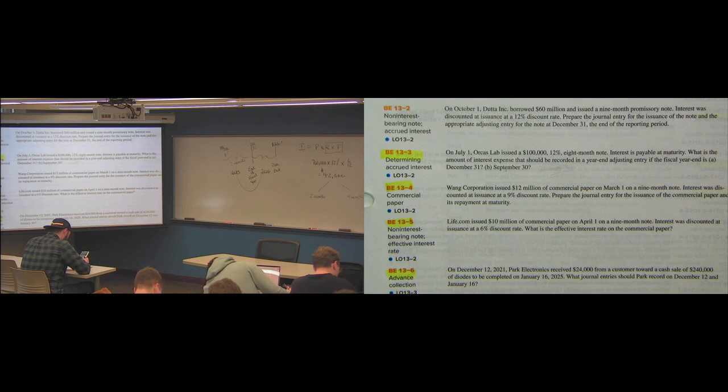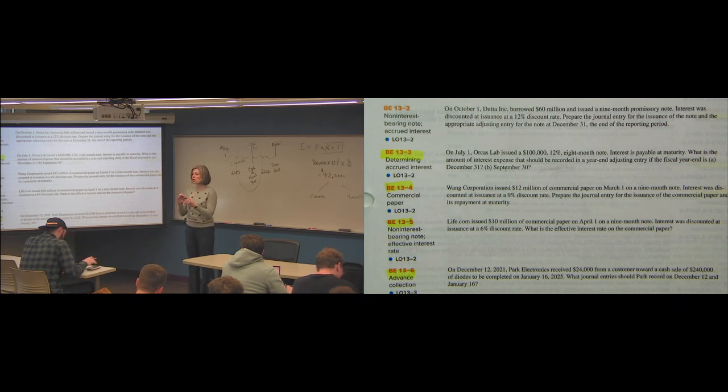All right, so all I've got to do is calculate interest here, right? PRT. What's the principal? What's the annual rate? And how many months of interest do I need to record if the fiscal year ends December 31st and the money was borrowed on July 1st? 6, yeah.